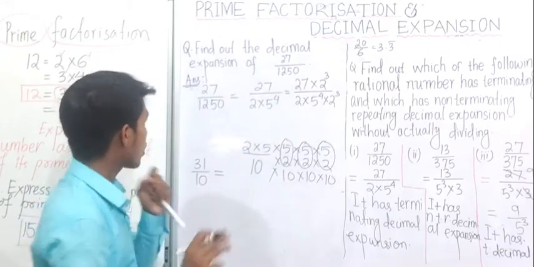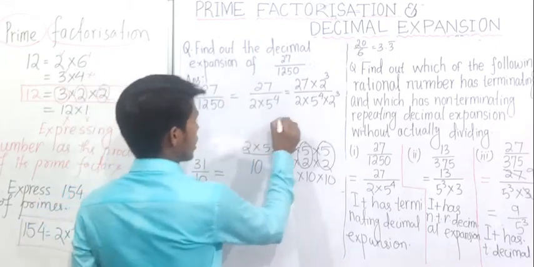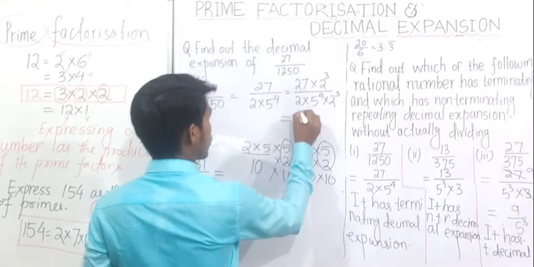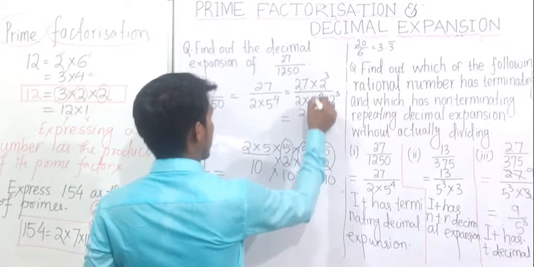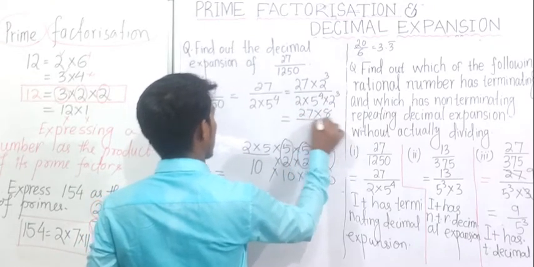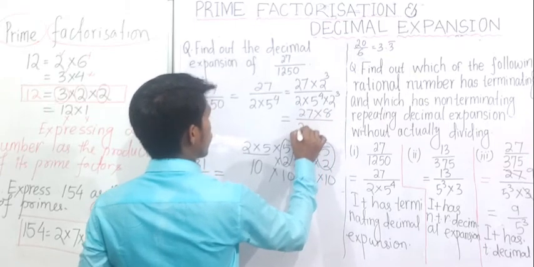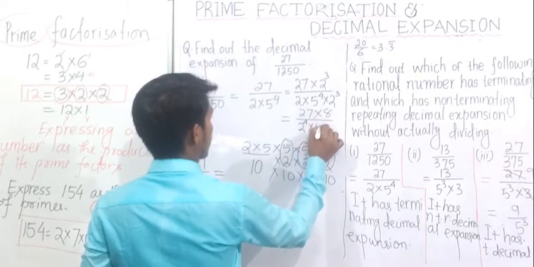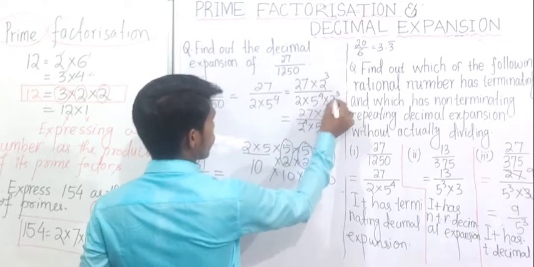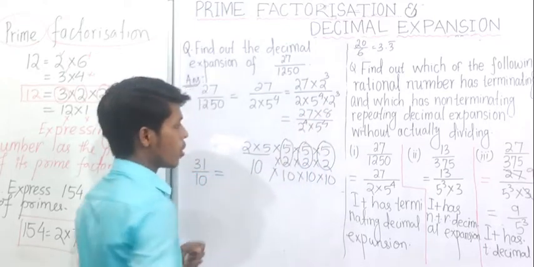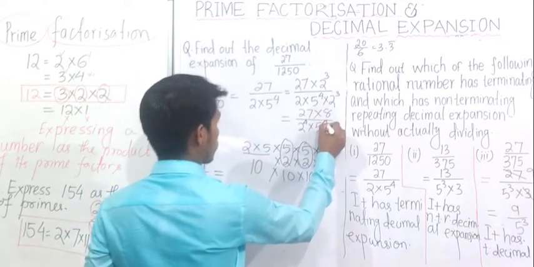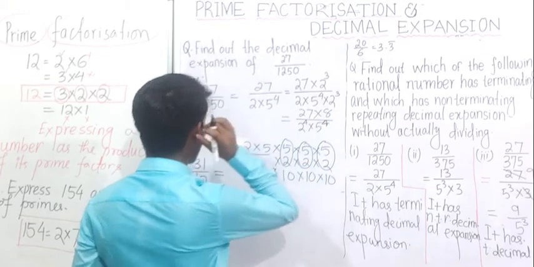Okay, in the next step, what will we write? It becomes now 27 multiplied by 2 cubed, which is 8, and 2 to the 4th power into 5 to the 4th power. This is 2 and 2 cubed multiplied together to give you 2 to the 4th power, and 5 to the 4th power is already there in the denominator.